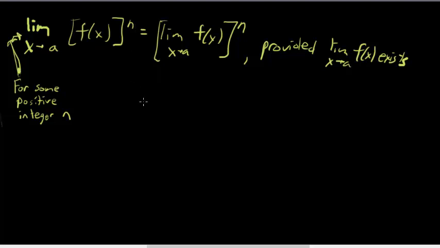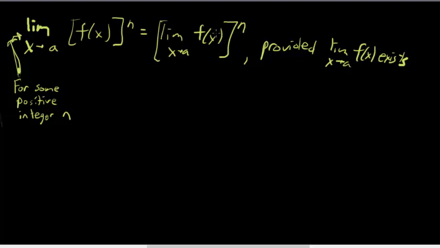So say n were negative 2, we'd be looking at 1 over, that would be equivalent to the limit as x tends to a of f of x, that limit raised to the negative second power.